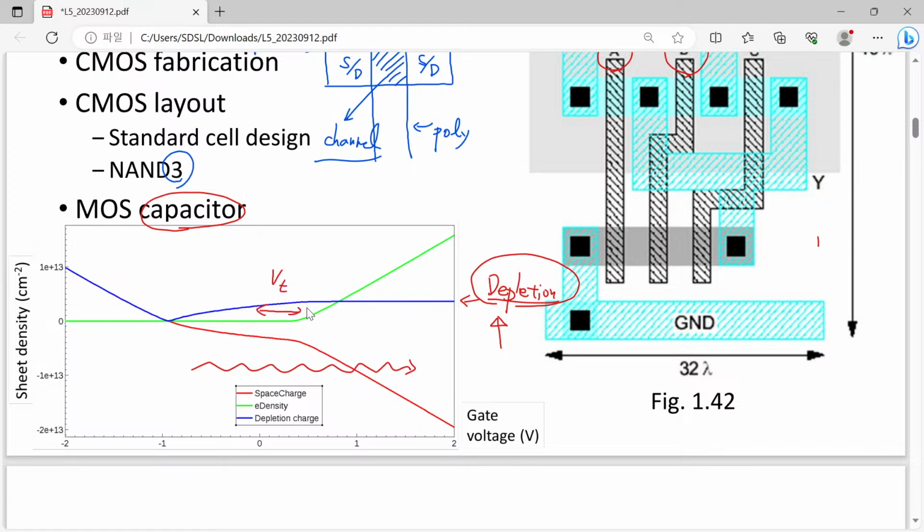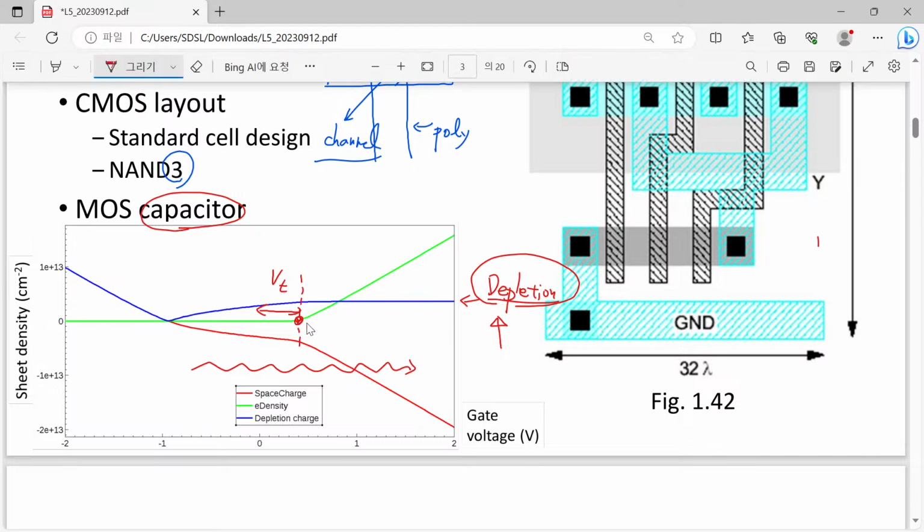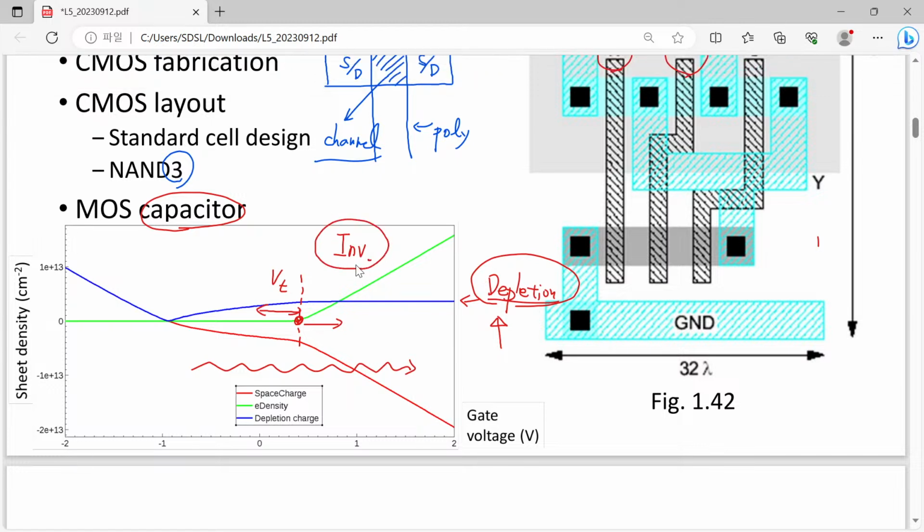When you apply a certain threshold voltage, then beyond this voltage your charges are dominated by this inversion electron. However, below this threshold voltage you have no available free charge carrier, so it is not very suitable for current conduction.